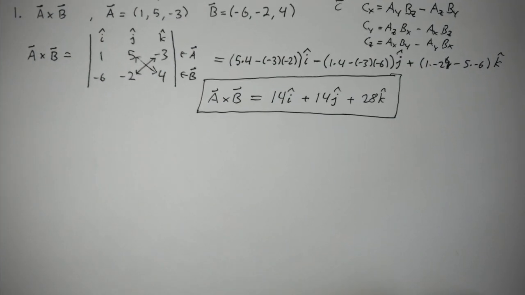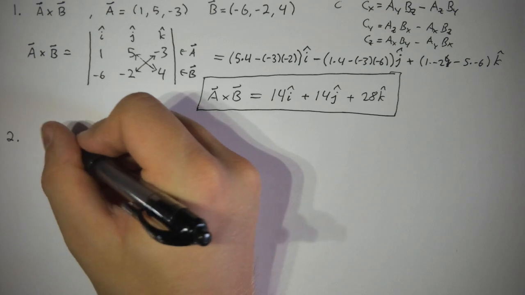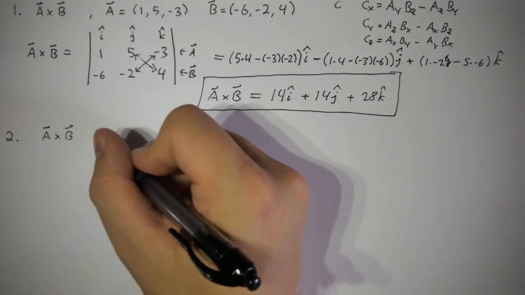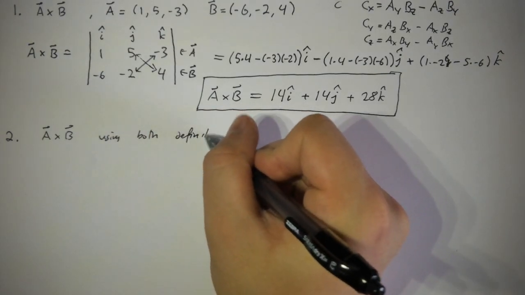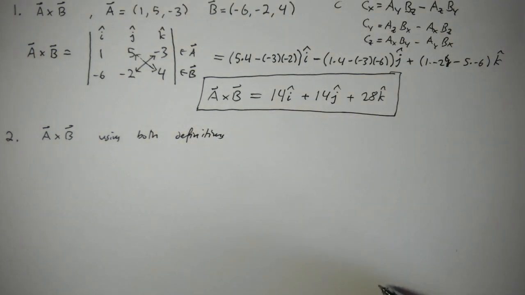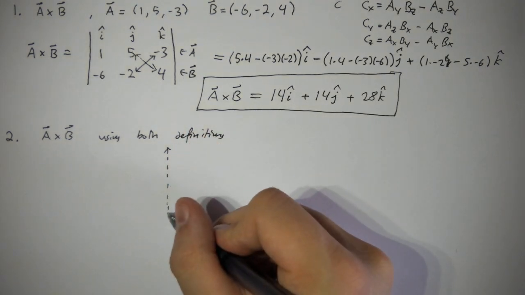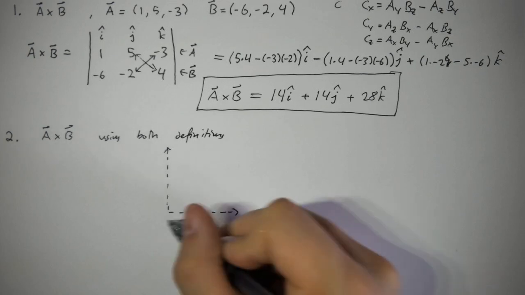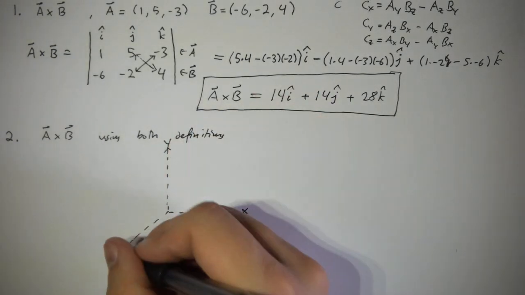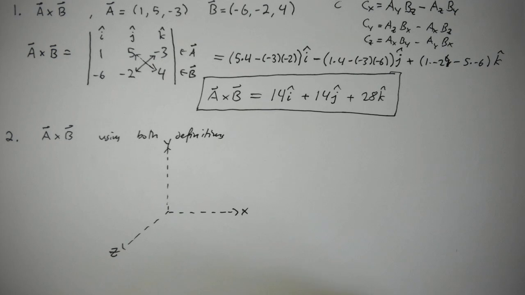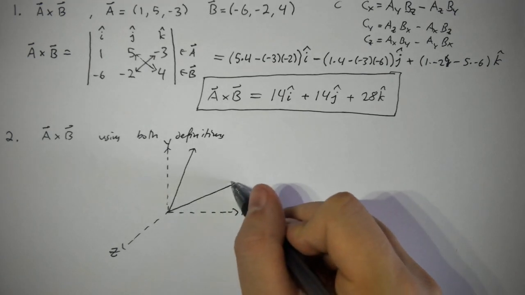Okay, let's do another problem here. Let's do 2. We want to find A cross B using both definitions. So I'm going to draw out our scenario here. I'm going to draw out a 3-dimensional coordinate system where this is X, Y, and Z. And we've got 2 vectors, a vector here and a vector here.